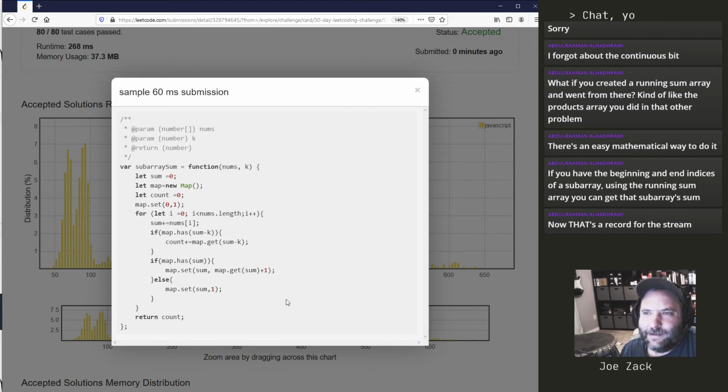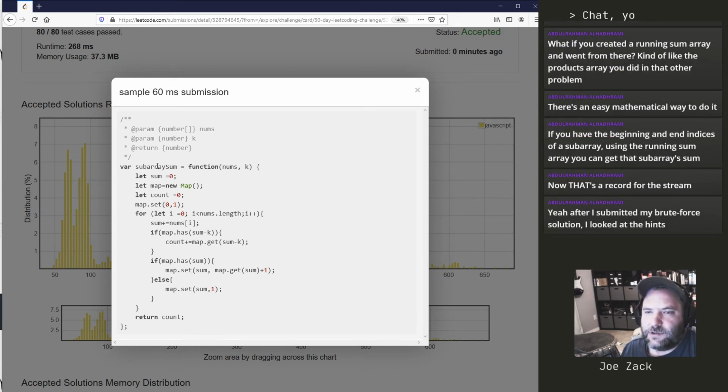Yeah. Was this an easy problem? If map has the sum, then set the sum equal to the map, get the sum plus 1, otherwise we initialize it to 1. So that's interesting. So whenever the map has our sum minus the number, that's really interesting.